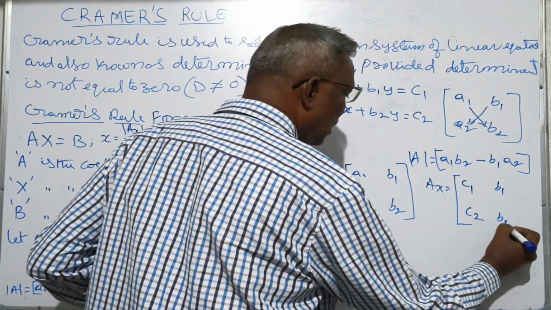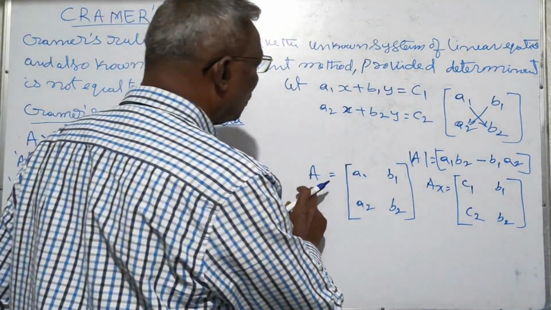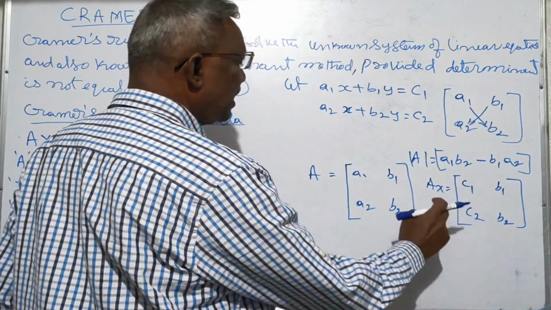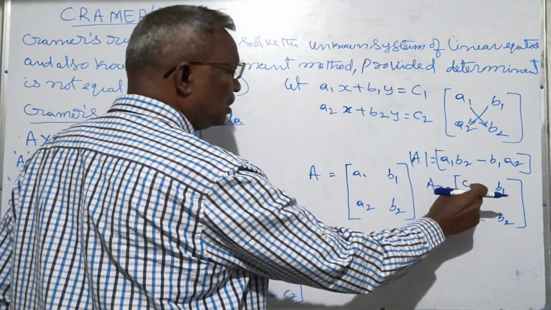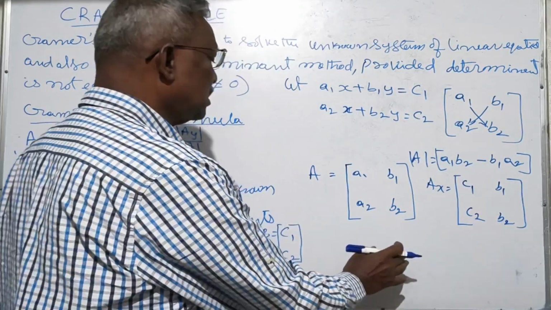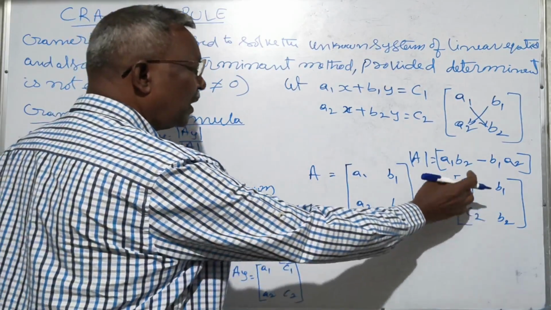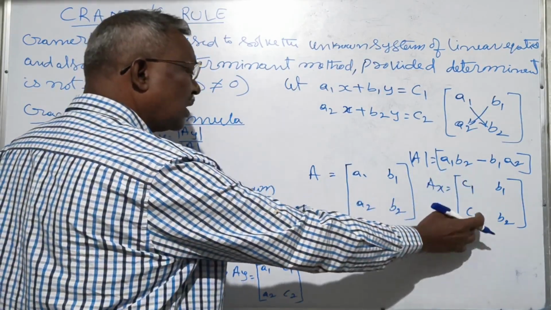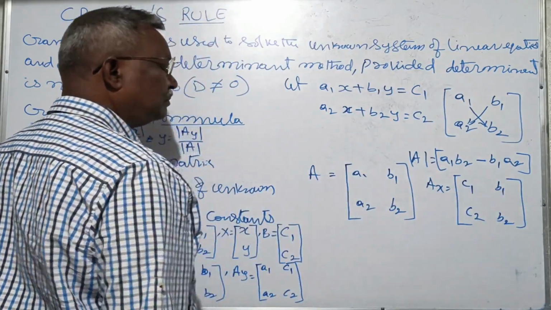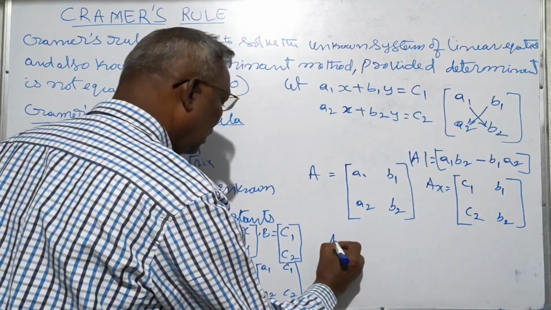A matrix is a1 b1, a2 b2, and Ax is equal to c1 b1, c2 b2. So the Ax matrix is obtained by replacing the first column with column B. Similarly, matrix Ay.